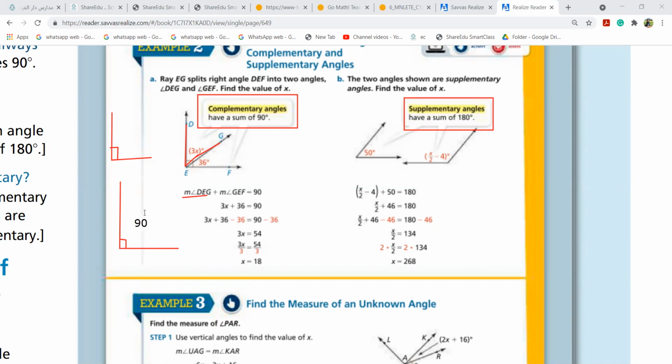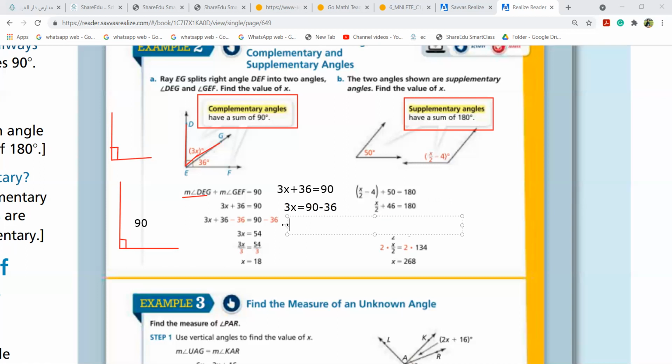Now, if I divide them and add them, 3x plus 36, I have 90. Now let us solve. 3x plus 36 equals 90. So what is 3x? 3x equals 90 minus 36.